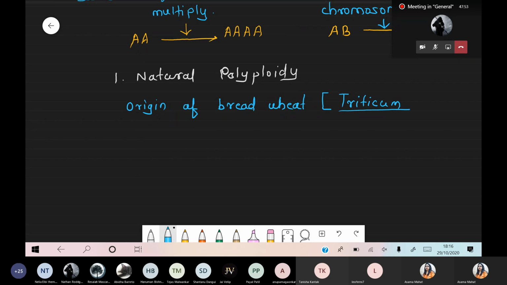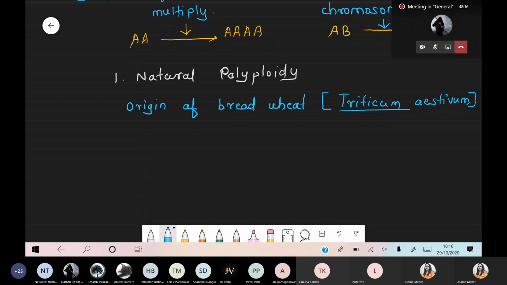Triticum is the genus name, aestivum the species name. So we are talking about how that Triticum aestivum species originated, and these are the bread varieties which are used. You must have heard the name brown bread, right? So we are talking about the wheat which is used for bread preparation.